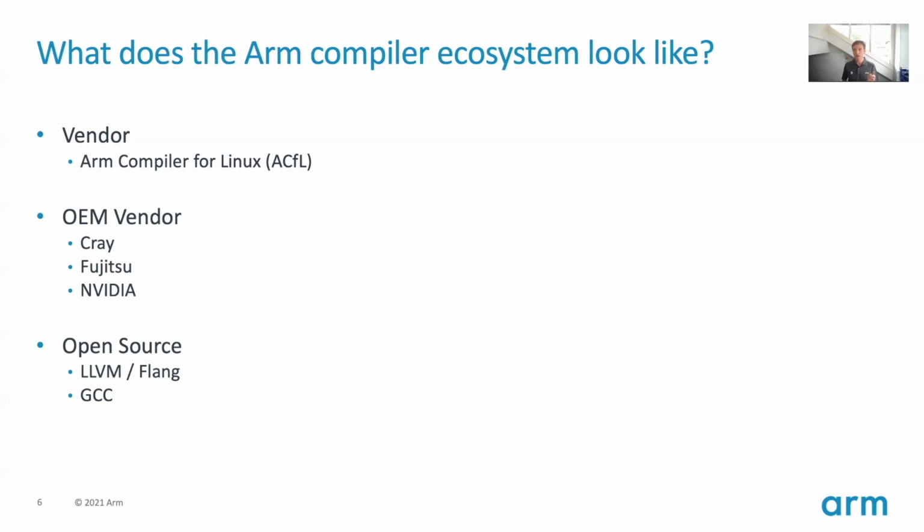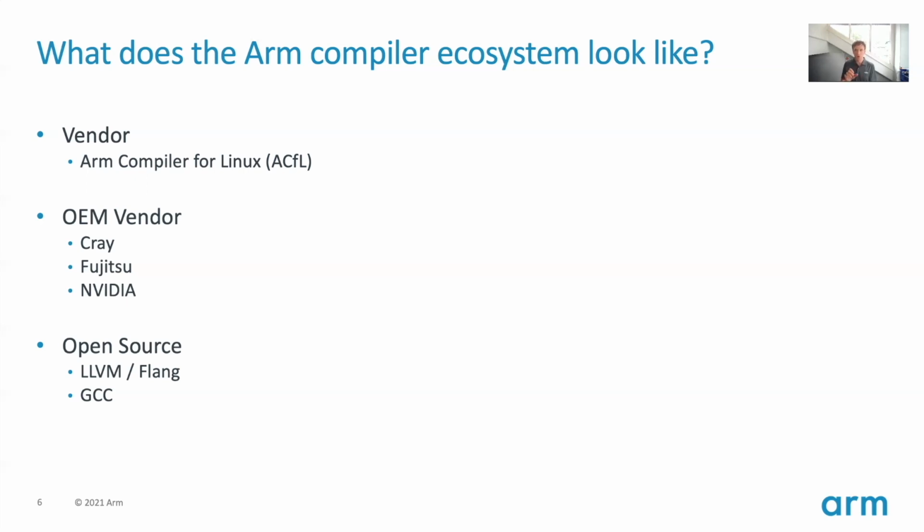There's the Cray HPE tool chain for their systems, there's Fujitsu's tool chain for their systems, and there's the NVIDIA tool chain for their systems. And all three of those, when they target ARM, are based on LLVM, which means that we've got a common base that we can give code to, to help their compilers work better on ARM. So those are everything that's available across the system.